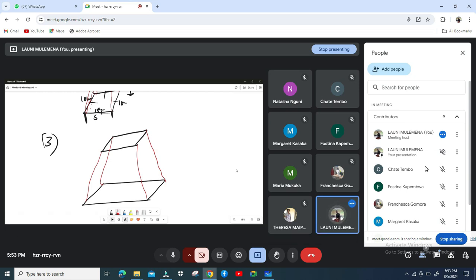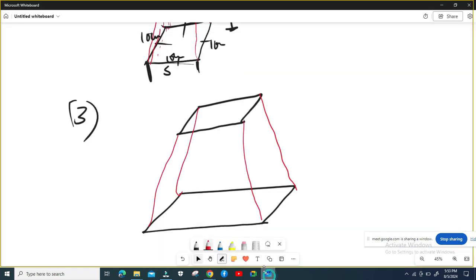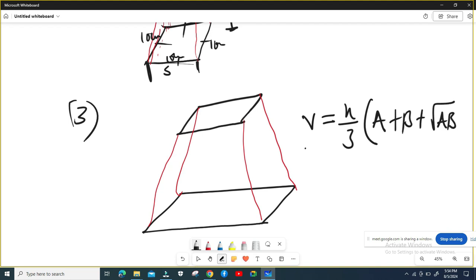So with a rectangular one, the formula to use is V is equal to H over 3, open bracket, A plus B plus the square root of A times B, where A is the area of the big rectangle.